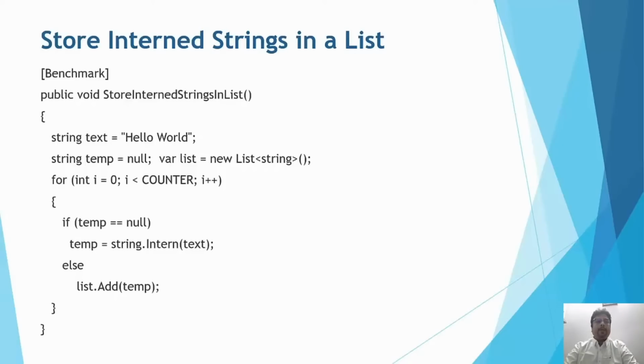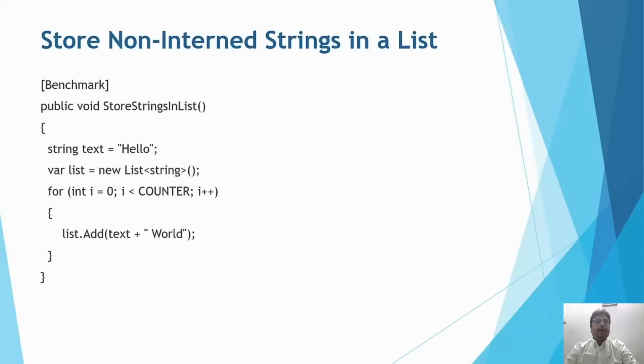That means from then on there will be no calls to string.Intern. In the other case, where we are storing non-interned strings in the list, we are making a call to list.Add directly. Here we are not using interned strings, so this will be much more resource intensive.